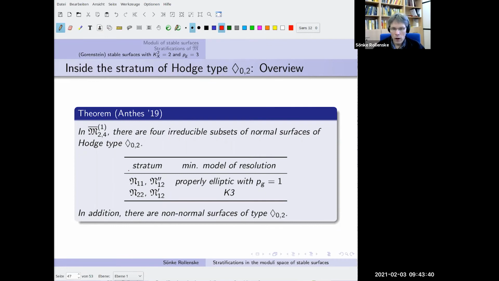And they are different in the sense that one, the minimum resolution is a K3 surface or a properly elliptic surface with PG equal to 1. So even for the same kinds of elliptic singularities, you still get 2 irreducible families of surfaces.